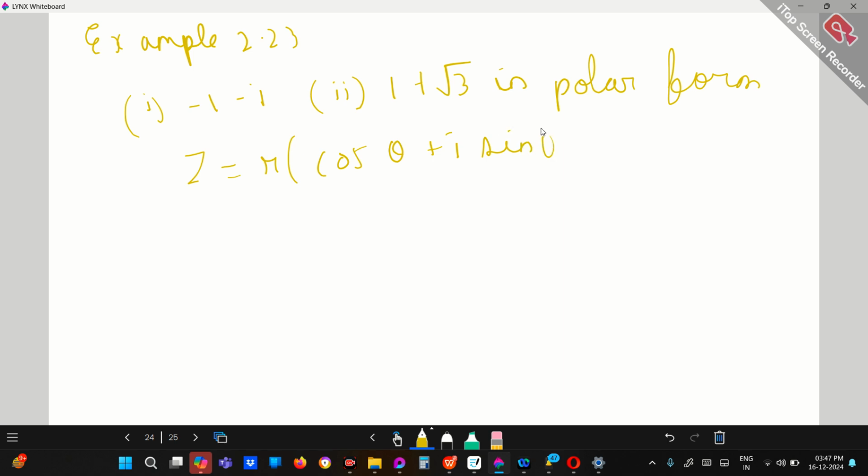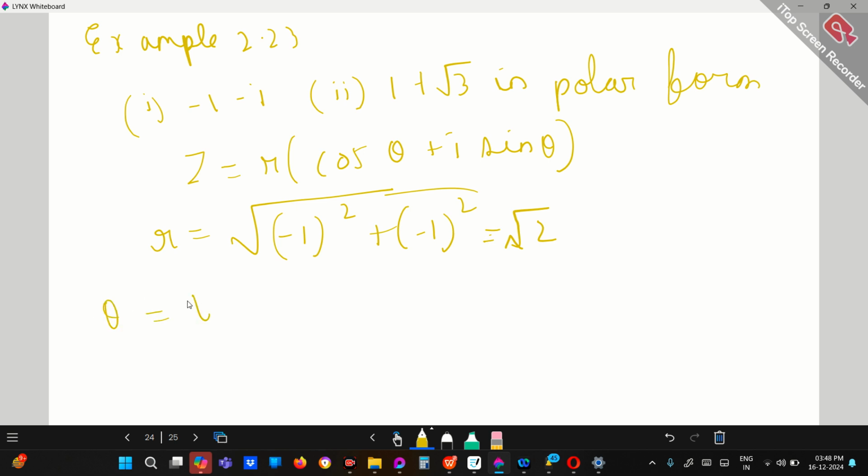We have to first find r and then theta. What is r? R is the magnitude. It's minus 1 the whole square plus minus 1 the whole square, root 2. Second thing, theta. Minus 1 by minus 1 is 1, so pi by 4, right?